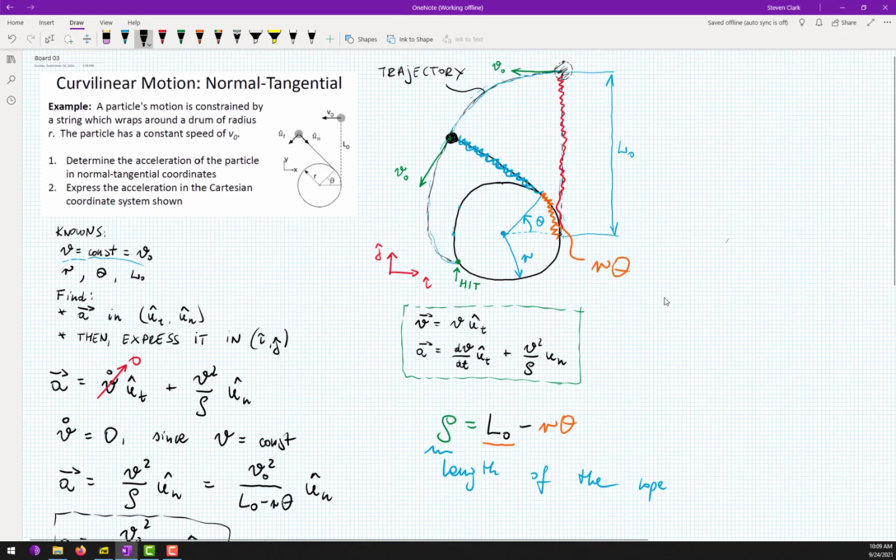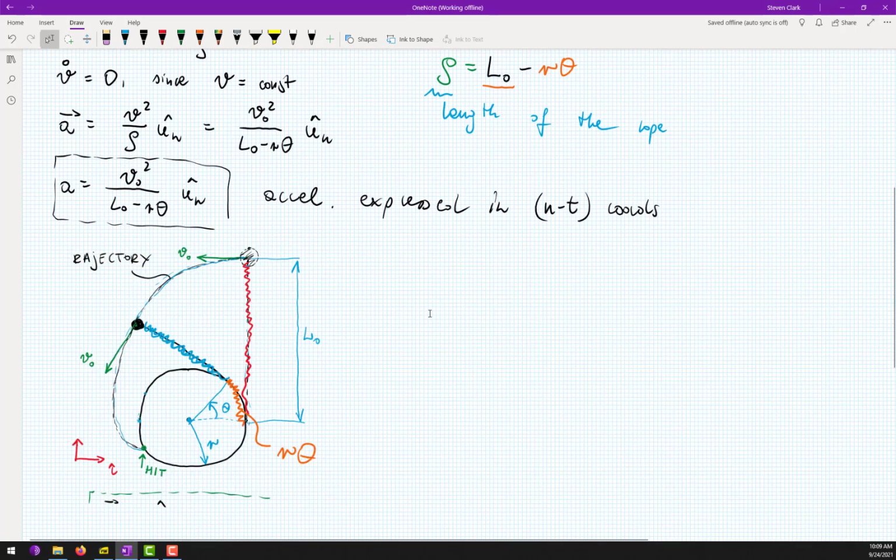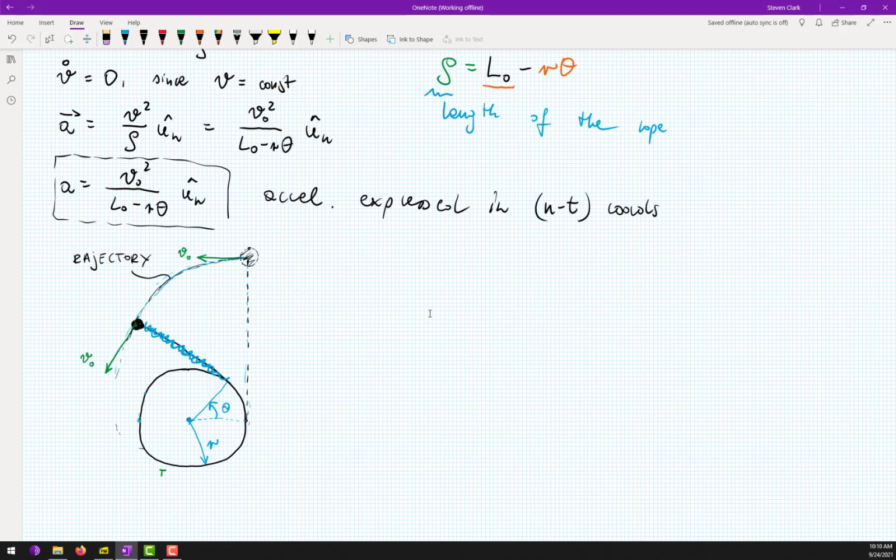Okay, so maybe let me draw it. I think we don't need the trajectory.